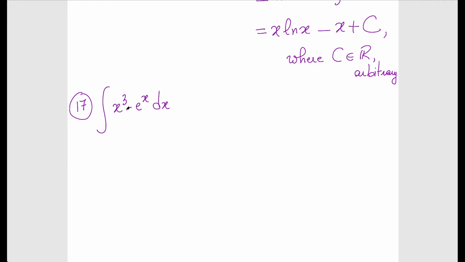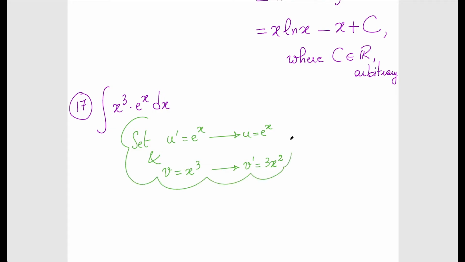So I'm going to choose the v to be x cubed and the u prime to be e^x. As such, u is e^x, or can be chosen to be e^x, and v prime is 3x squared.